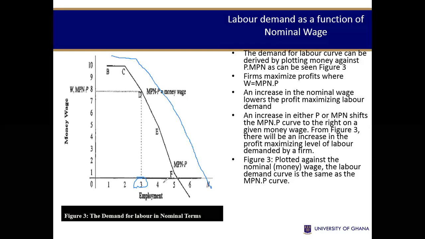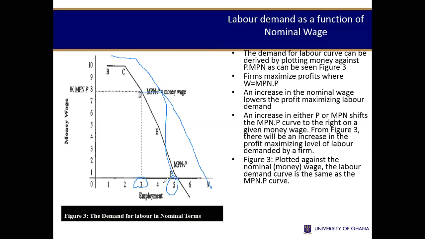So if we are using the marginal revenue product of labor and the nominal wage, whenever there's an increase in price, there's going to be a shift in the MPN curve, and then at the same money wage, the firms will tend to demand more units of labor. So I think from here you can see that there's a negative relationship between demand for labor and the real wage.